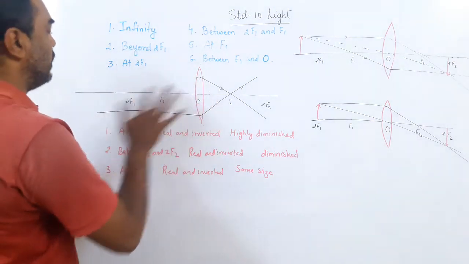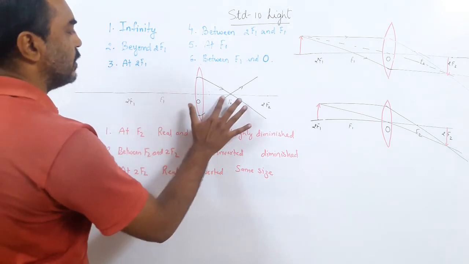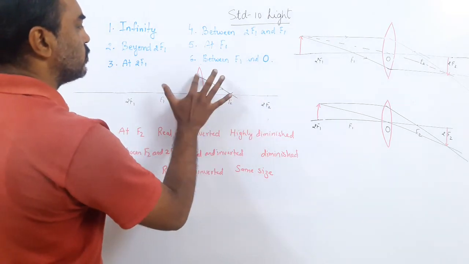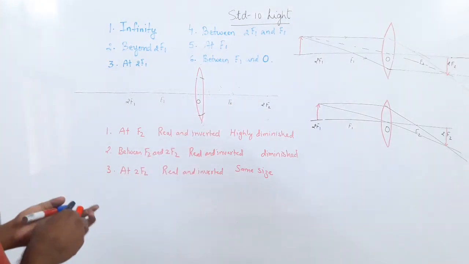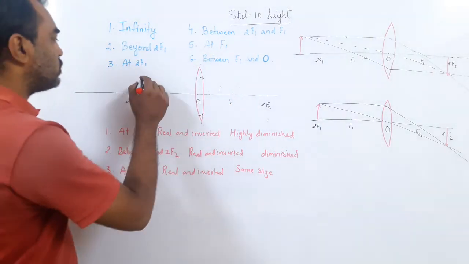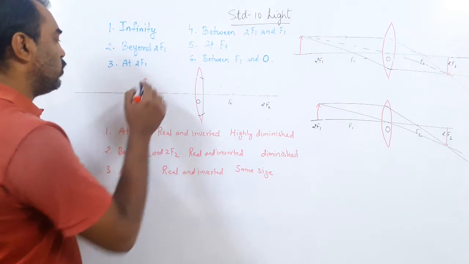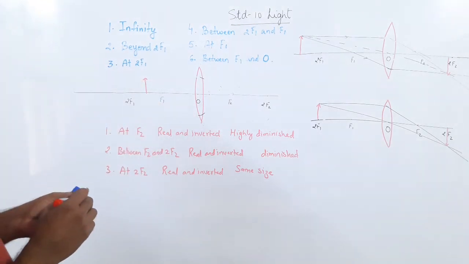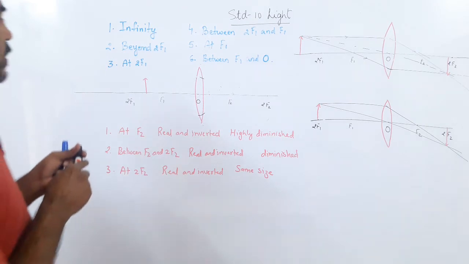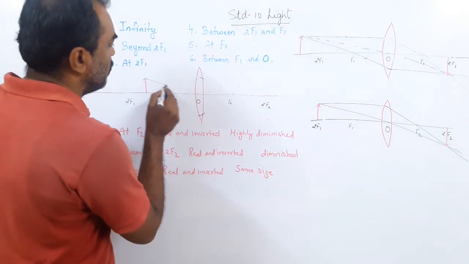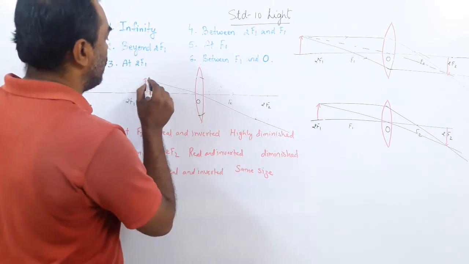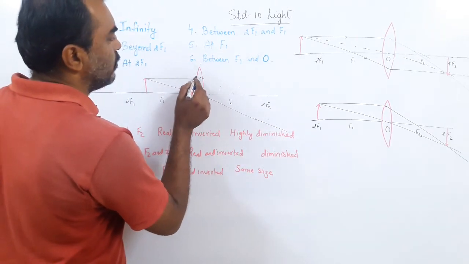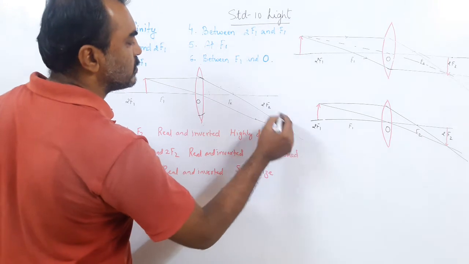Now let us look at the fourth case. I am going to use the same diagram for the fourth case. Where is the object? Between 2F1 and F1. So I can again pass a ray through O. It goes undeviated, and the parallel ray passes through the focus.